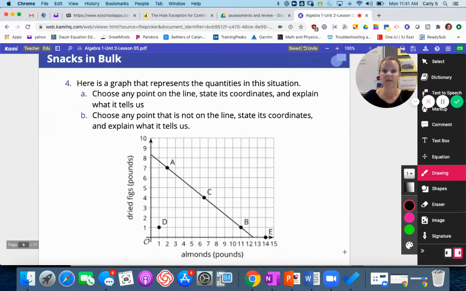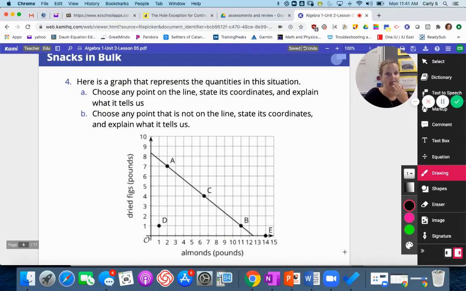Here is a graph that represents the quantities in this situation. Choose any point on the line, state its coordinates, and explain what it tells you. So let's look at this point.